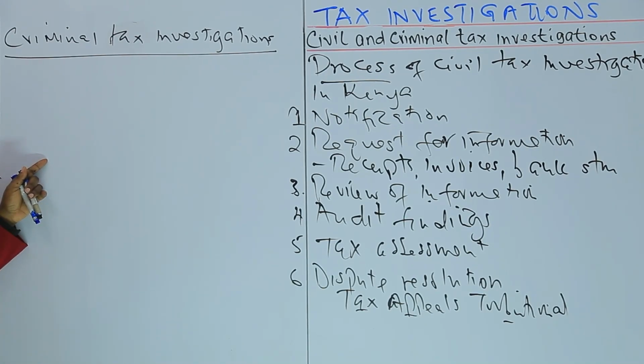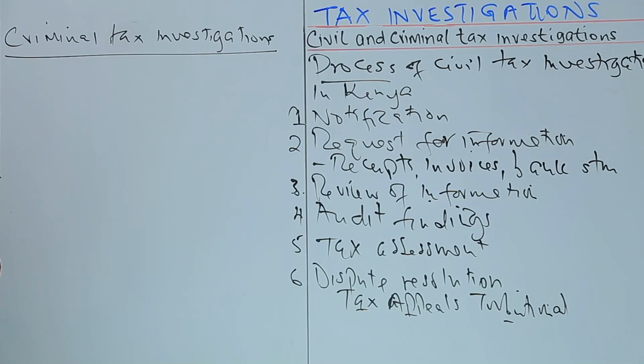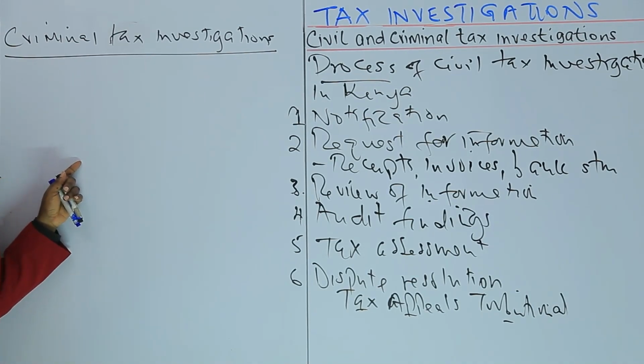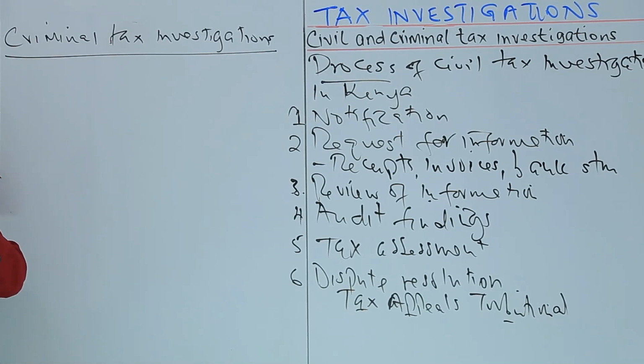So the intent must be shown to prove criminal activity. And convictions in criminal tax investigation can result in significant fines, penalties, and even imprisonment. And these investigations are conducted with the assumption that a crime has been committed.